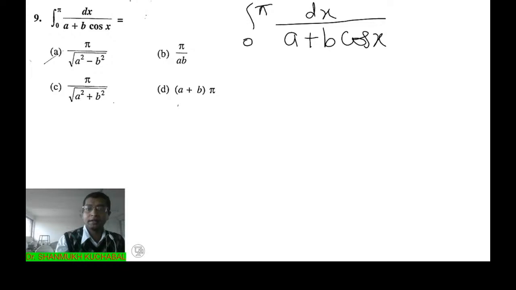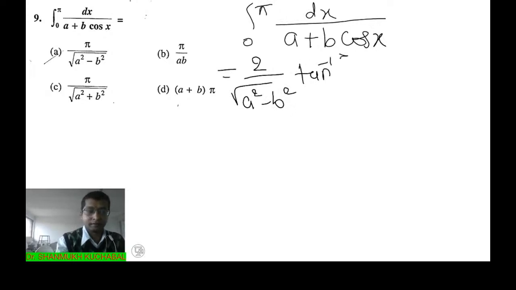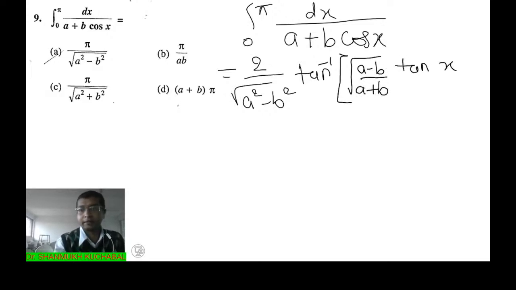Its integration is 2 divided by the square root of a² minus b², multiplied by tan inverse of the square root of (a minus b) divided by (a plus b) times tan x/2, with limits from 0 to π. Further we have to take the value at x equal to the upper limit minus the value at x equal to the lower limit.